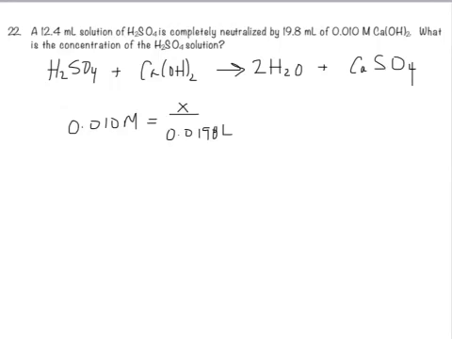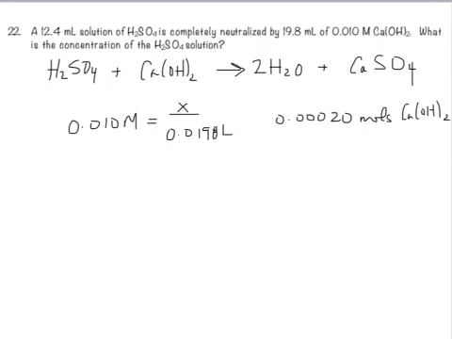To solve for x, cross multiply, so 0.01 times 0.0198, and you end up with 0.00020 moles of calcium hydroxide. That's with sig figs, rounding to 2.